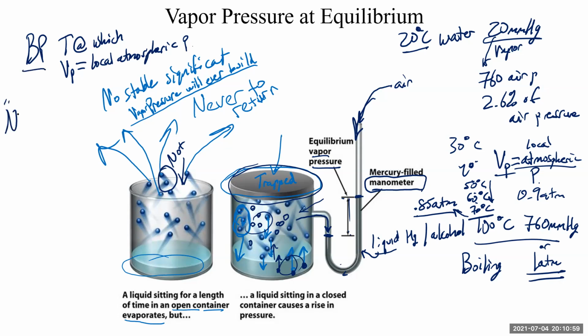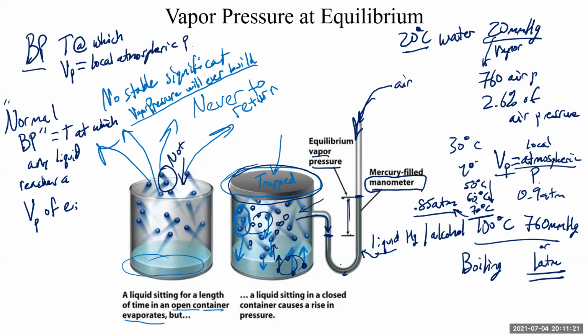The normal boiling point, and this is an official term, I'm not just being judgmental, is equal to the temperature at which any liquid reaches a vapor pressure of exactly 1 atmosphere, or 760 millimeters of mercury, or 14.7 psi, or whatever the equivalent unit you want to use is, etc.